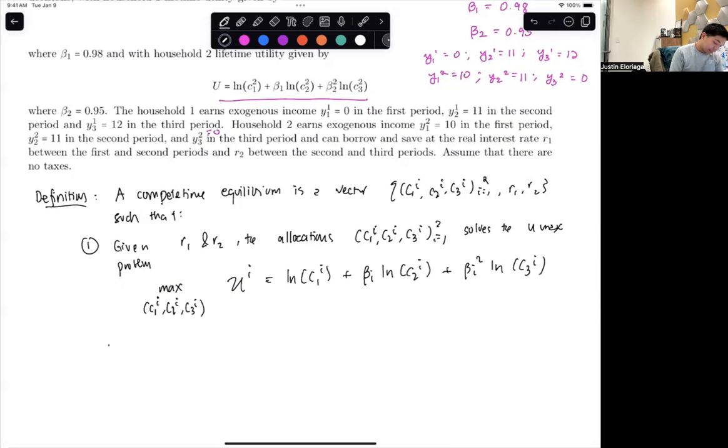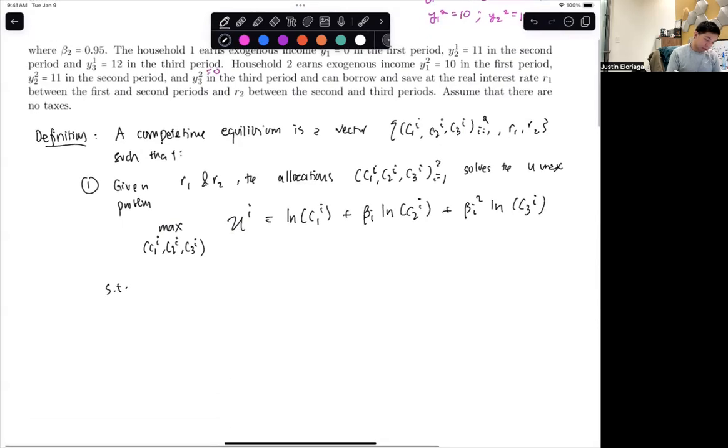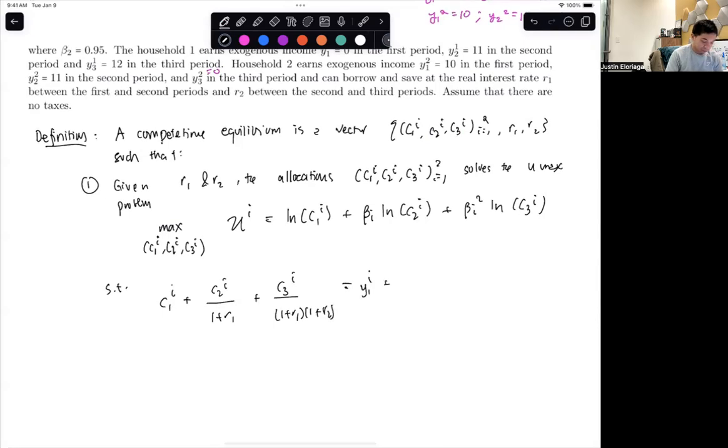And this is subject to your typical constraint, C1i plus C2i over 1 plus R1 plus C3i over (1 plus R1)(1 plus R2), which is equal to Y1i plus Y2i over 1 plus R1 plus Y3i over (1 plus R1)(1 plus R2). So we have that there.